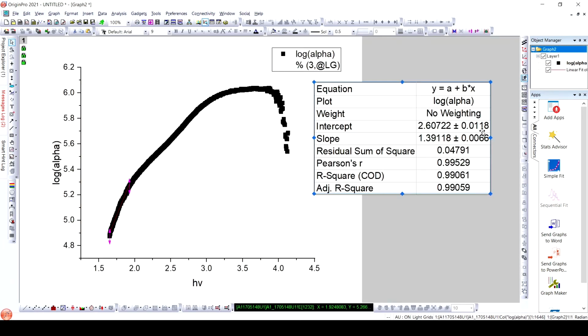Here we can see the slope of this plot, that is 1.3911, and the inverse of this slope will give us the Urbach energy. So Urbach energy, E_U, equals 1 divided by the slope.